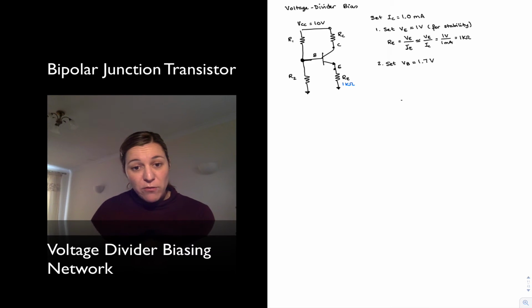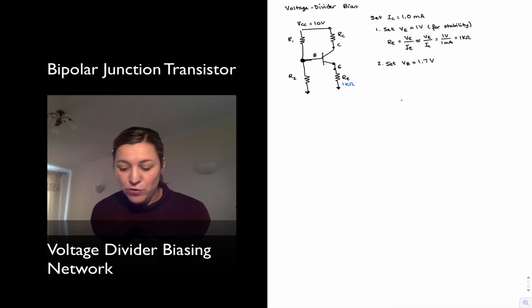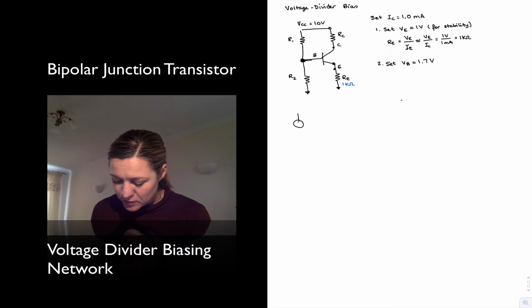Now, since we have a voltage divider network, the value of VB, the voltage at the output of the voltage divider, is going to be proportional to the ratio of those two resistors, R1 and R2. I'm going to redraw the voltage divider so this becomes clearer, perhaps.